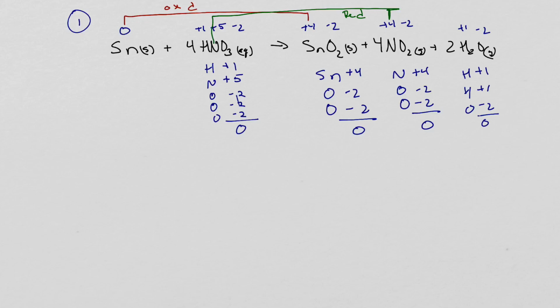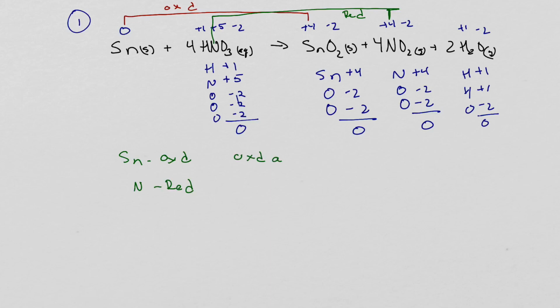So we're getting more negative, we're gaining negative charge. So it's going from +5 to +4. So that's going to be a gain of electrons, a reduction. So we have tin being oxidized, and we have nitrogen being reduced.